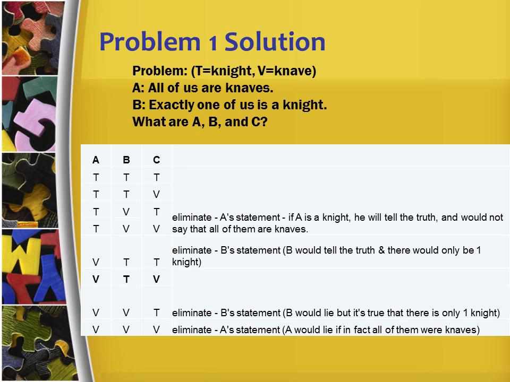If you look at the very bottom row, where it says V, if in fact all of them were knaves, and knaves lie, then A wouldn't say that. So I can eliminate the very bottom row with all of them being knaves.